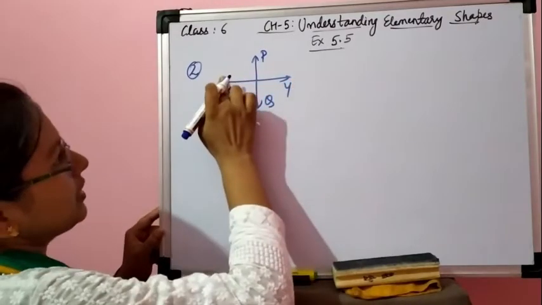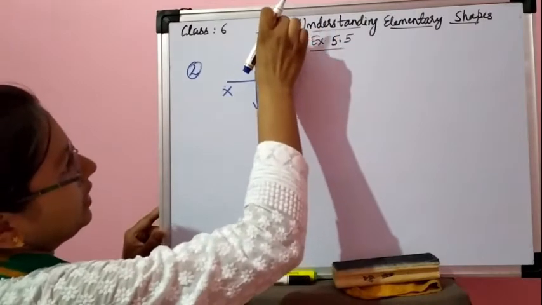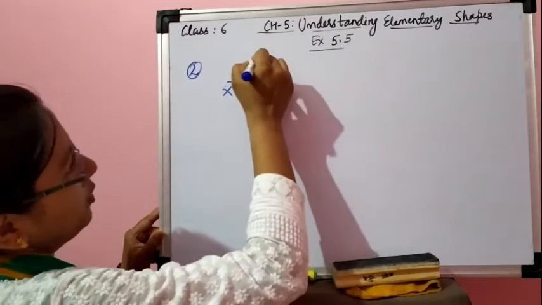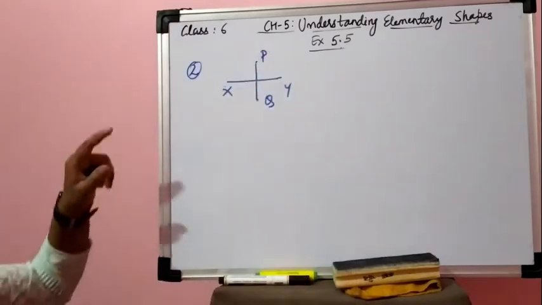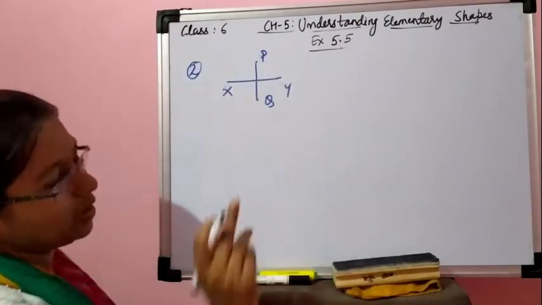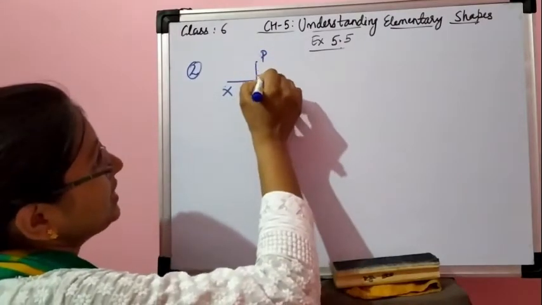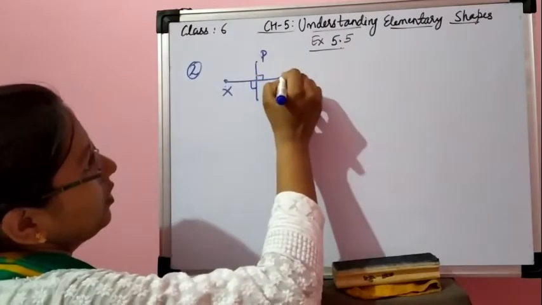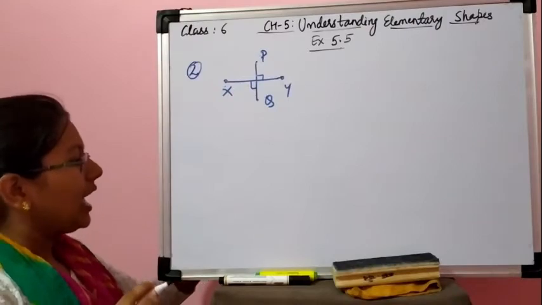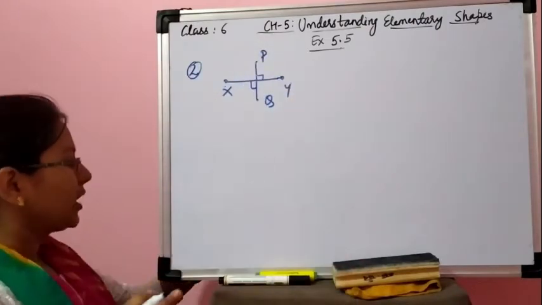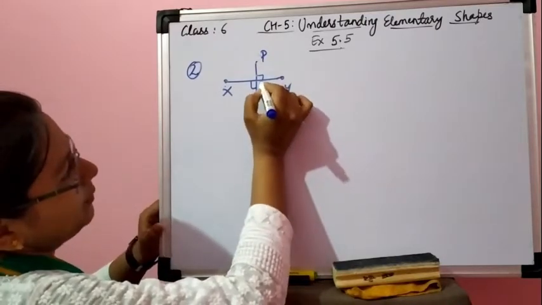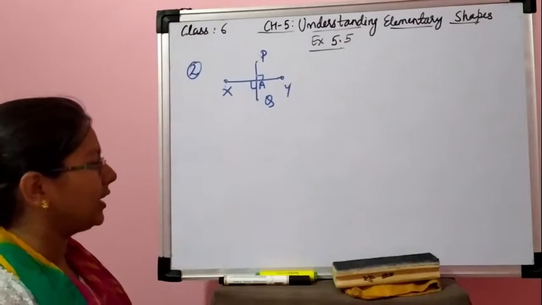This is line segment PQ, perpendicular to the line segment XY. They are only saying perpendicular, which means 90 degree. Let PQ and XY intersect at the point A. Suppose they are intersecting at the point A.